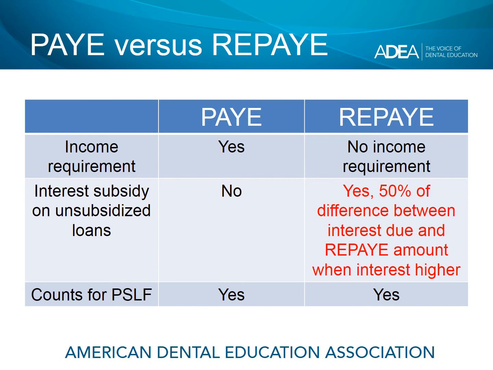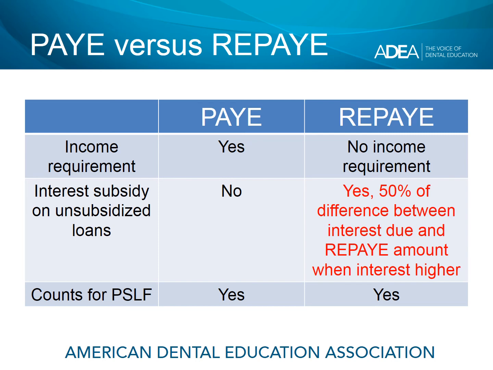Notice the next difference, very important. There is no subsidy on unsubsidized loans with Pay-As-You-Earn, but with Revised Pay-As-You-Earn, if the interest alone that you owe each month is higher than the calculated REPAYE amount, the government will subsidize 50% of that difference.